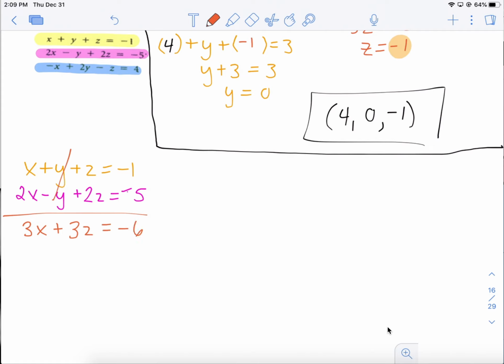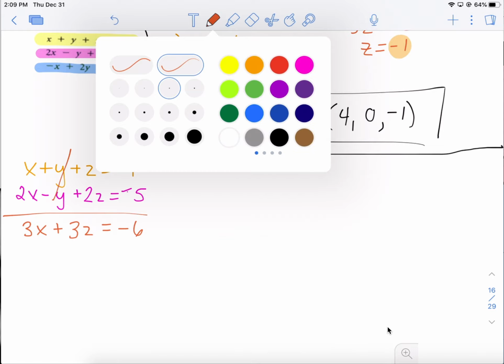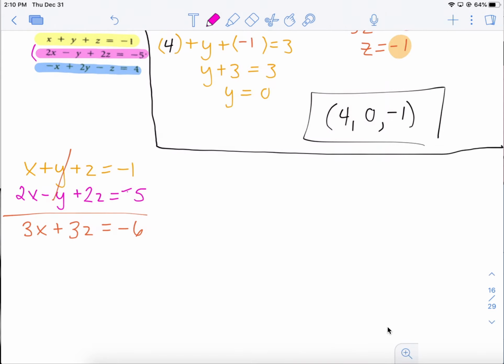Okay? Looking, I have to cancel the exact same letter, so I'm going to have to cancel the same y's. It looks like it's always kind of easier to multiply the pink one. Okay, so on this problem, the pink one, if I multiply it by a 2, he would turn into a -2y, which would cancel with this guy. It's not always going to be a 2. It just kind of is working that way in the notes.